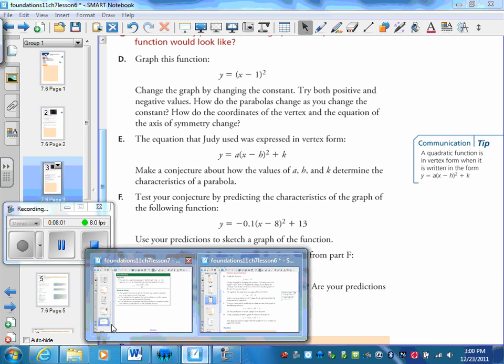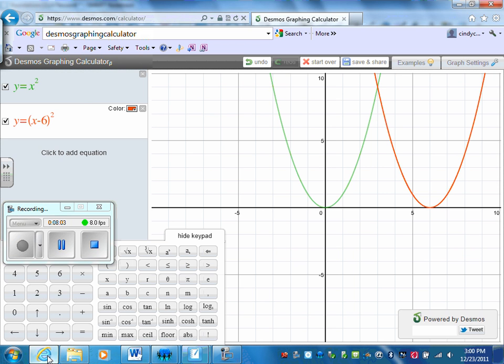So just to give you an idea, we're changing H and K. If I put the number 2 here, and I go +2, my vertex is at 6 and 2. My axis of symmetry is x equals 6. Let's try something else.